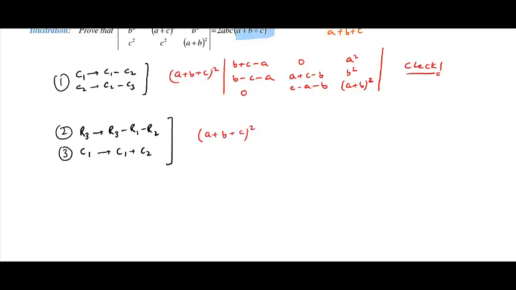So after this third transformation, make sure that you get something like (a+b+c) whole square times b+c-a, b-c-a. Sorry, this would be incorrect. Keep on solving yourself, and you should get this.